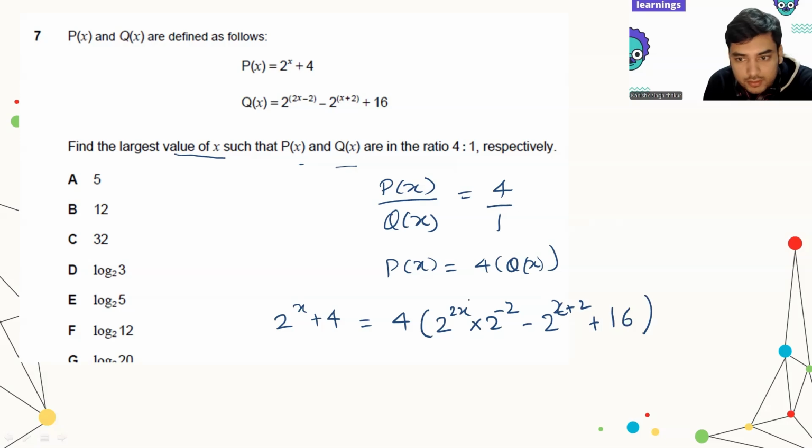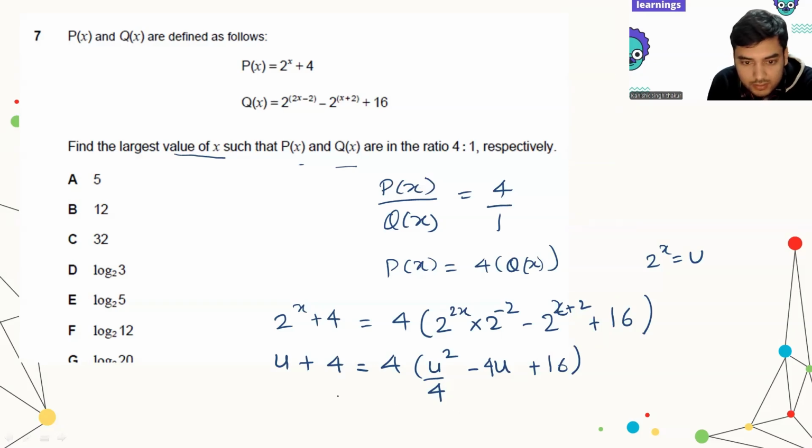Now if you take 2 to the power x as u, you will get a quadratic equation. So you get u plus 4 equal to 4 times (2 to the power 2x is u square, divided by 4, minus u times 4, plus 16).